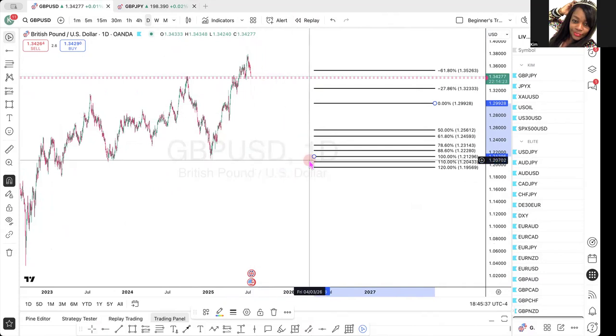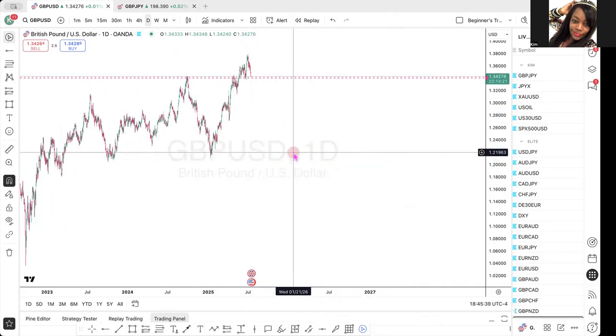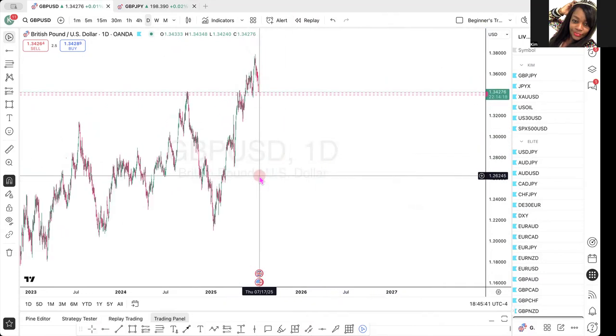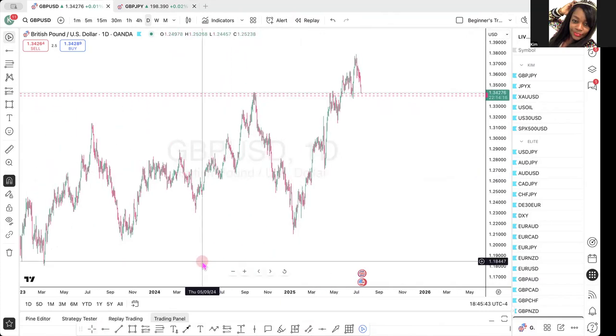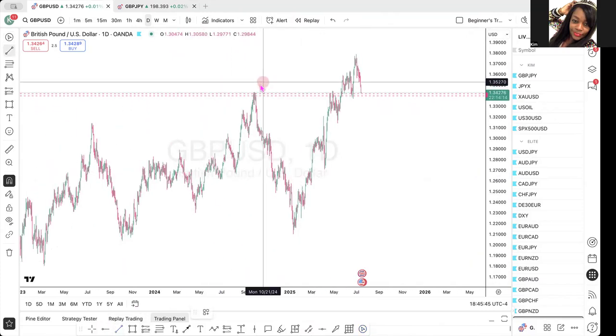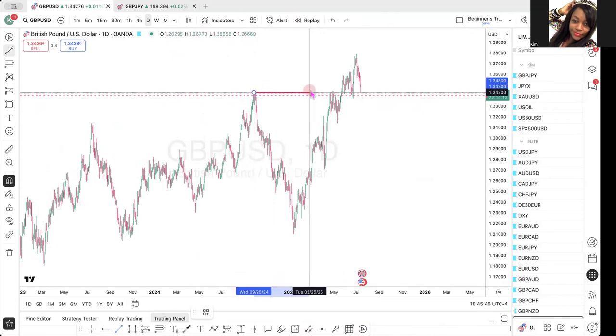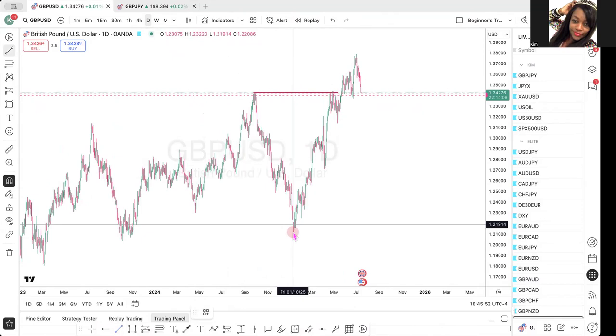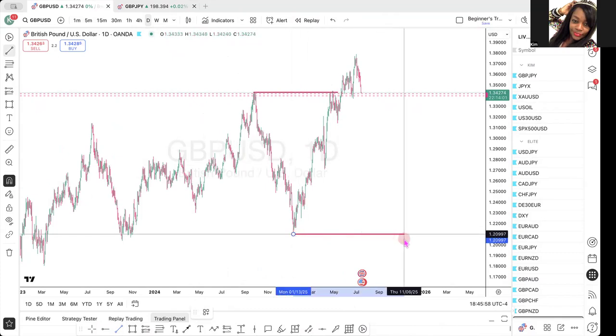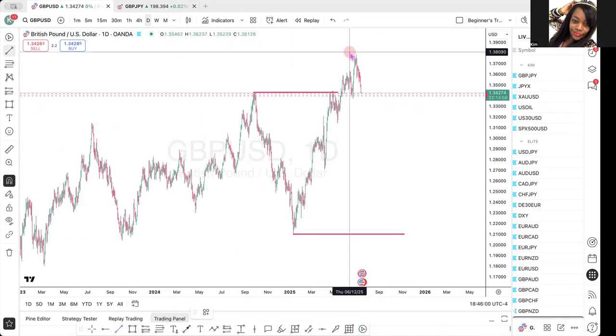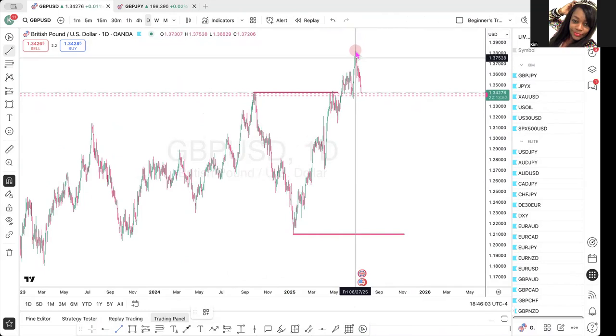Okay. So with that being said, if you're looking at a daily, you understand that this is the break of structure. This is your swing low, and this is currently your swing high, right?